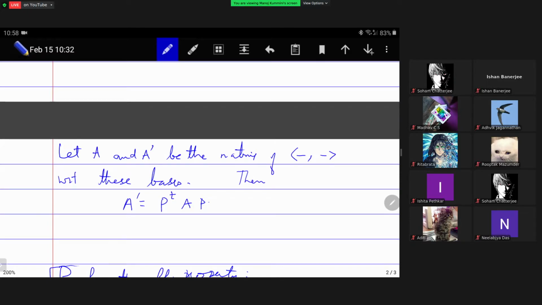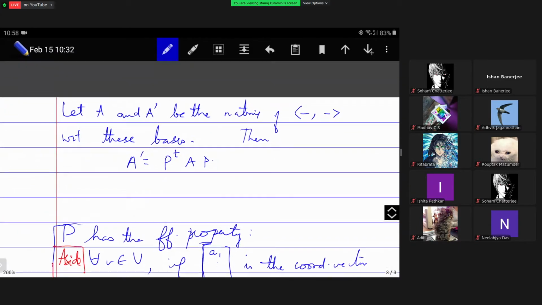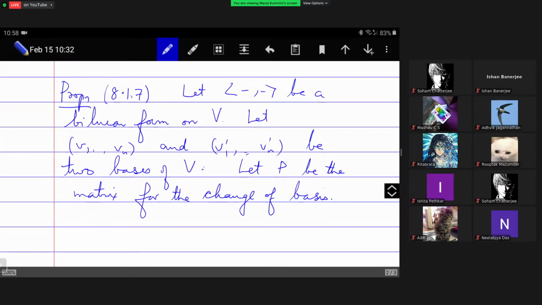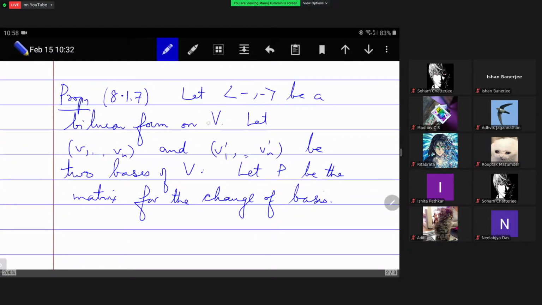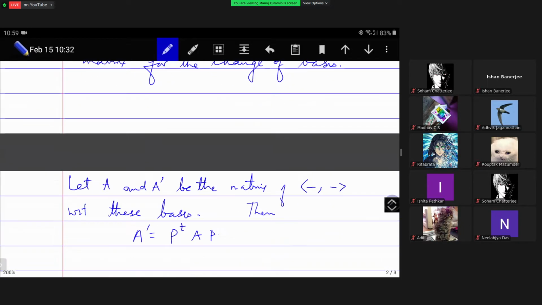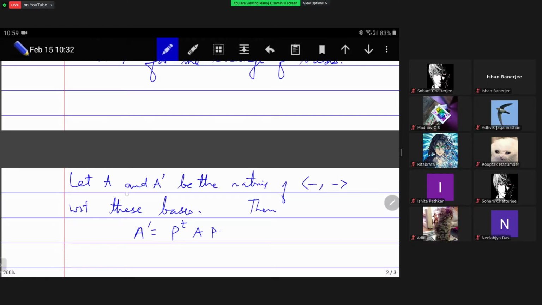Just to clarify, this is the statement of the proposition. Let's go over it once more. We are given a bilinear form on V and two bases for V, and P is the matrix for change of basis. The bilinear form is given by a matrix A with respect to the v basis, and A prime with respect to the v prime basis.